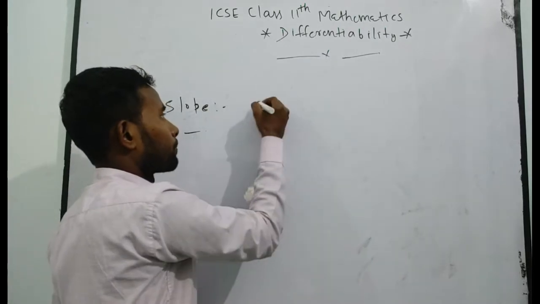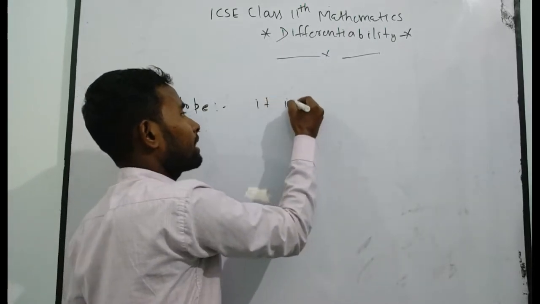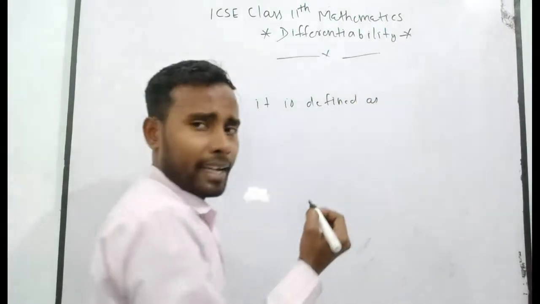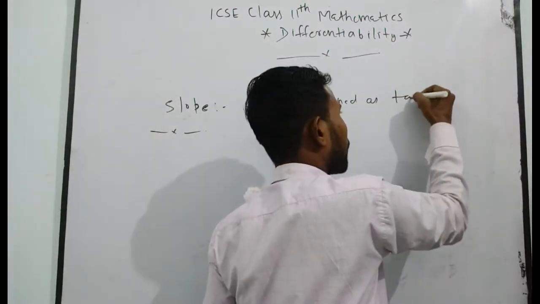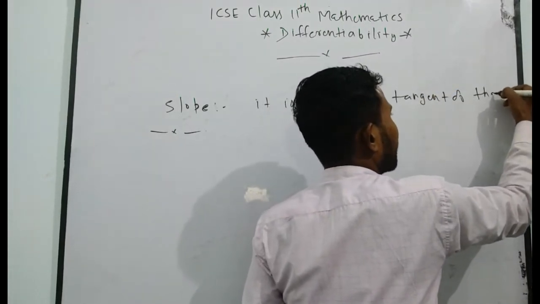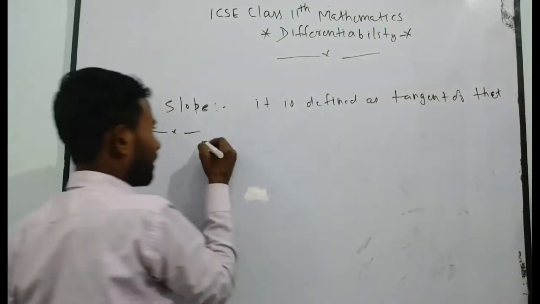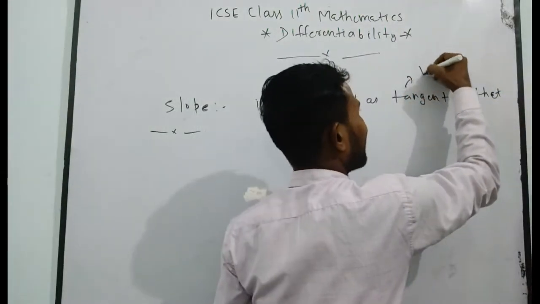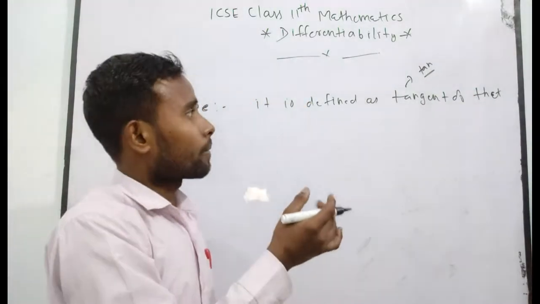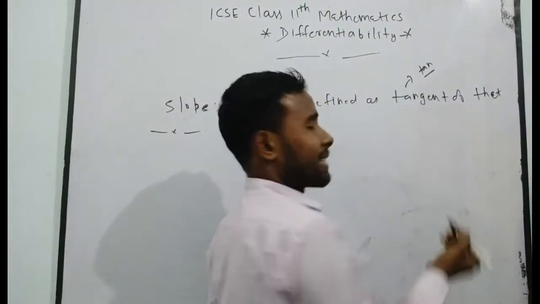What is slope? It is defined as the tangent of that angle, that is, tan theta. As you know, tan is a short form of tangent.